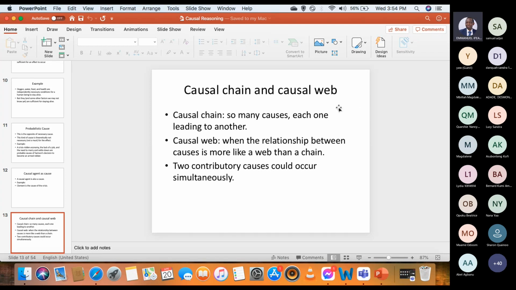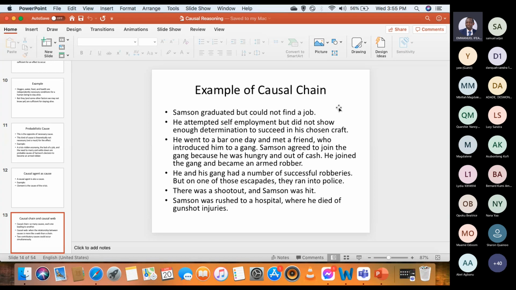So two contributory causes could occur simultaneously. When you are talking about causal web, then automatically you are talking about contributory causes, because two or more of them could be occurring at the same time. That's a causal web.